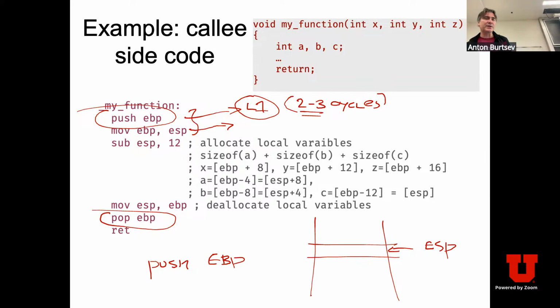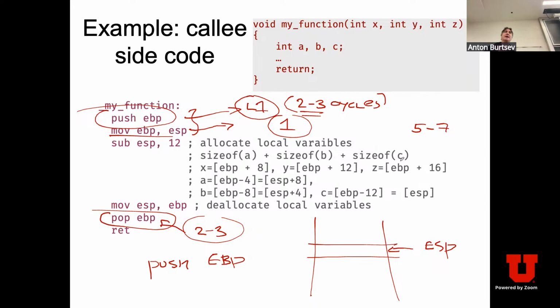This move instruction touches 2 registers. How long does it take to execute it? 1 cycle. Agree with this? And this pop? Again, 2 to 3 cycles. So we're saving a total of 5 to 7 cycles, right?